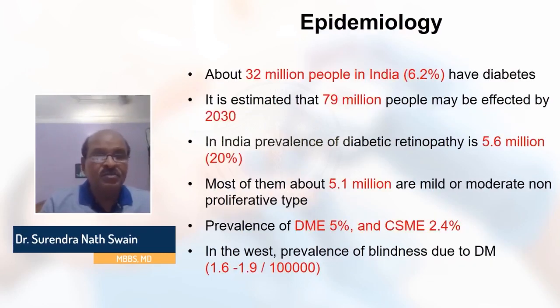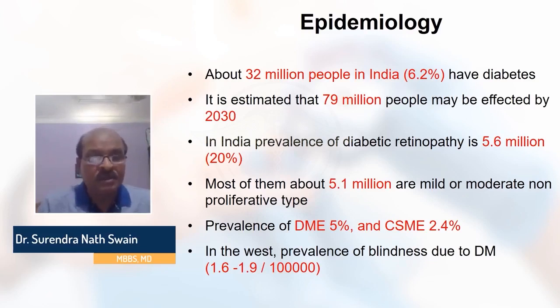About the magnitude of the problem: about 32 million people in India, 6.2% of the population, have diabetes. It is estimated that 79 million people may be affected by 2030. In India, the prevalence of diabetic retinopathy is 5.6 million, most of them, about 5.1 million, mild or moderate non-proliferative type.